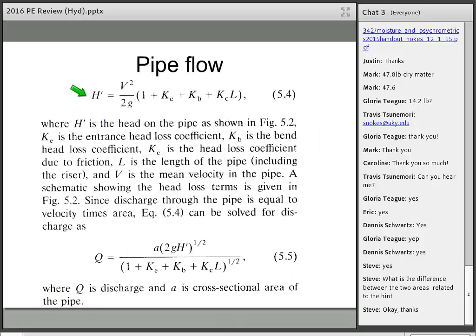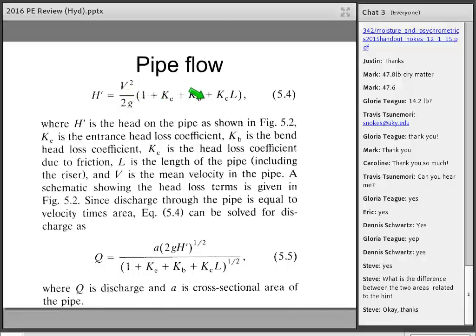And so you can get them all added up. You've got a head on the pipe, you've got a loss, you've got a velocity head, and all of the losses are proportional to the velocity head. In this case, the one in here takes into account the exit loss. You've got an entrance loss.